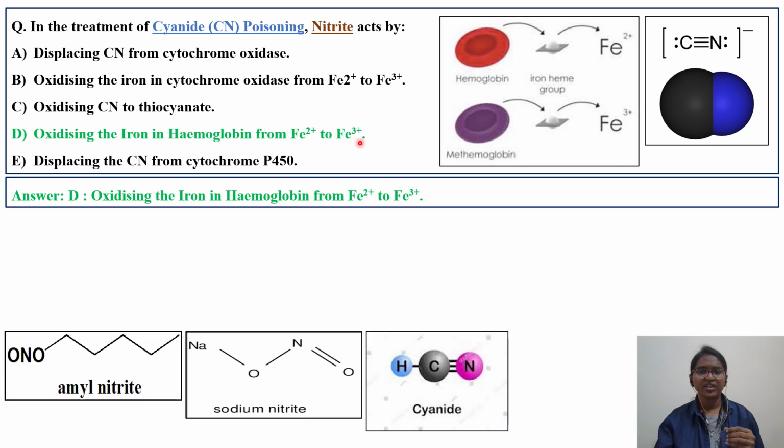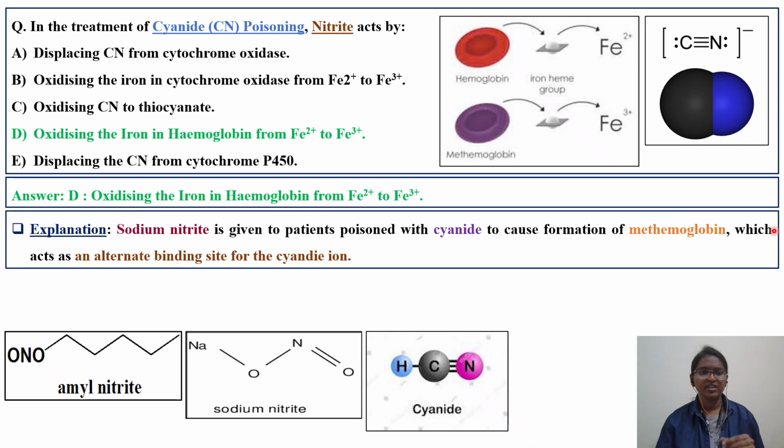So let's understand the mechanism in detail. In another slide, I will explain how cyanide poisoning works. First, we'll try to understand the right answer, that is sodium nitrite. Nitrites like amyl nitrite or sodium nitrite, whenever there is cyanide poisoning in a patient, cause formation of methemoglobin.